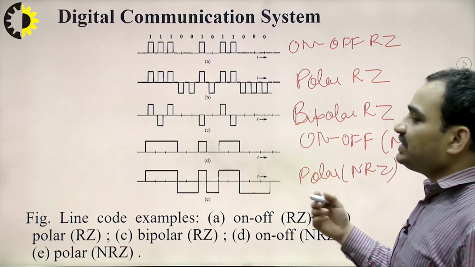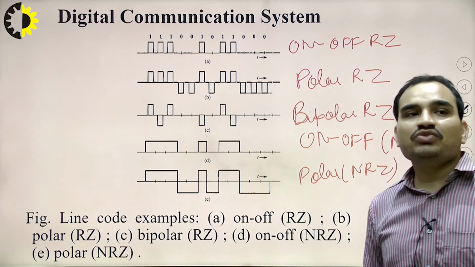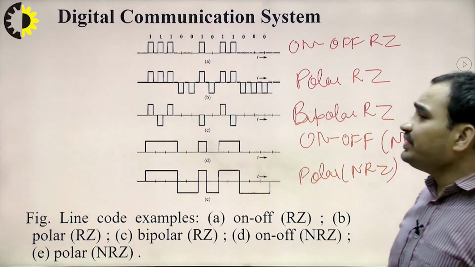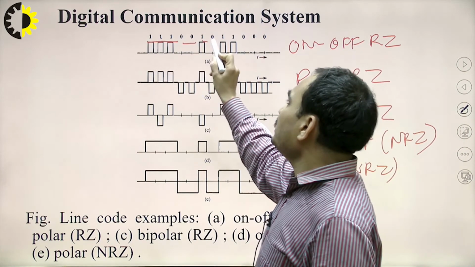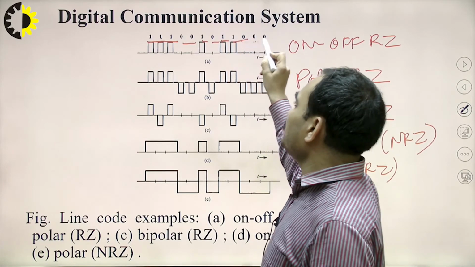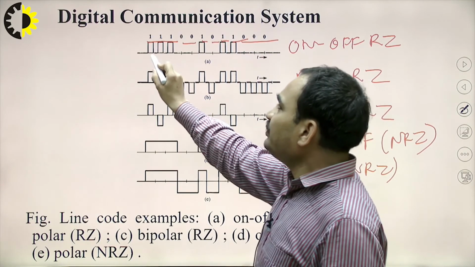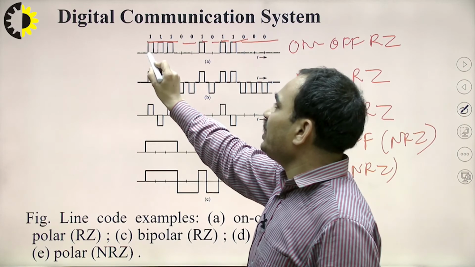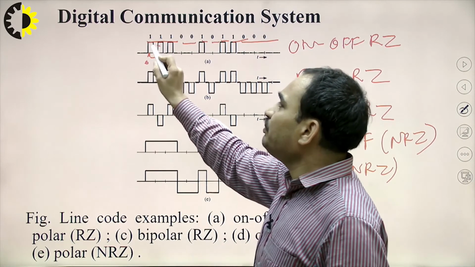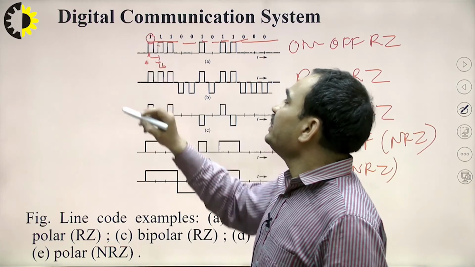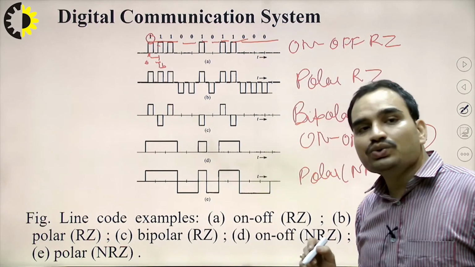Now let's understand how this scheme works. We have the data 111, 00, 1011 and 000. For half the bit duration, for example, you have the bit duration from 0 to TB. If you have the signal for half the bit duration, it is known as return to 0.